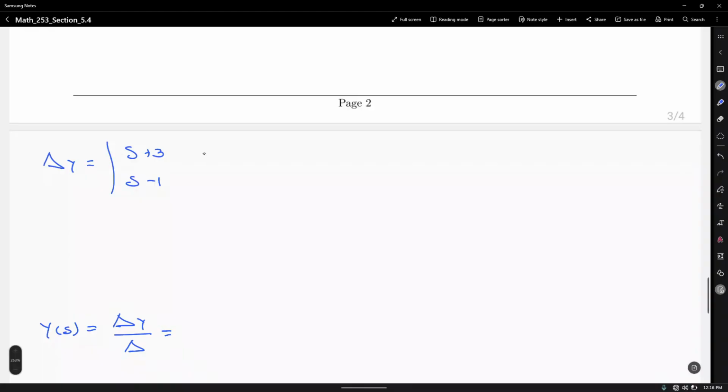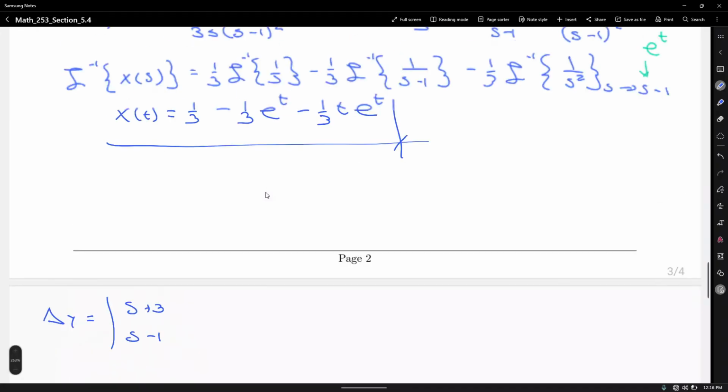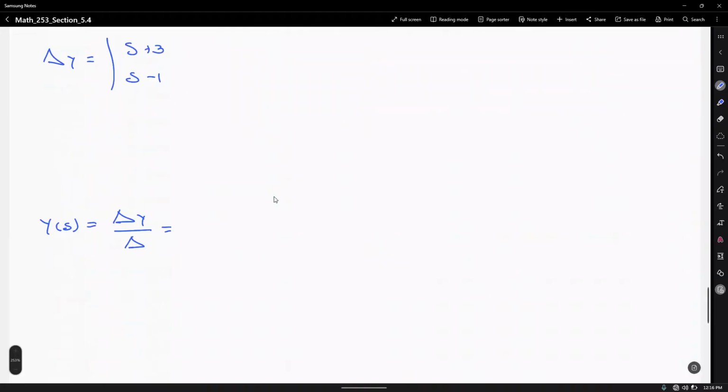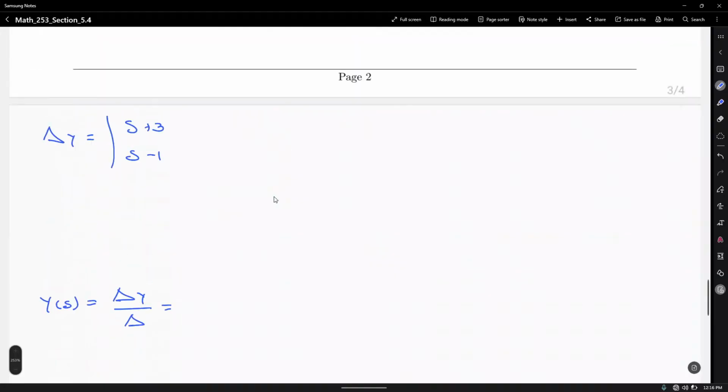Because we're finding delta y, we're going to replace the y column, the second column, instead of having the coefficients of the system, we're going to replace the second column with the terms to the right of each equation. That'll be, in this case, 1 over s and 1 over s minus 1. So forming the determinant, product along the main diagonal, s plus 3 times 1 over s minus 1, minus 1 over s times s minus 1.